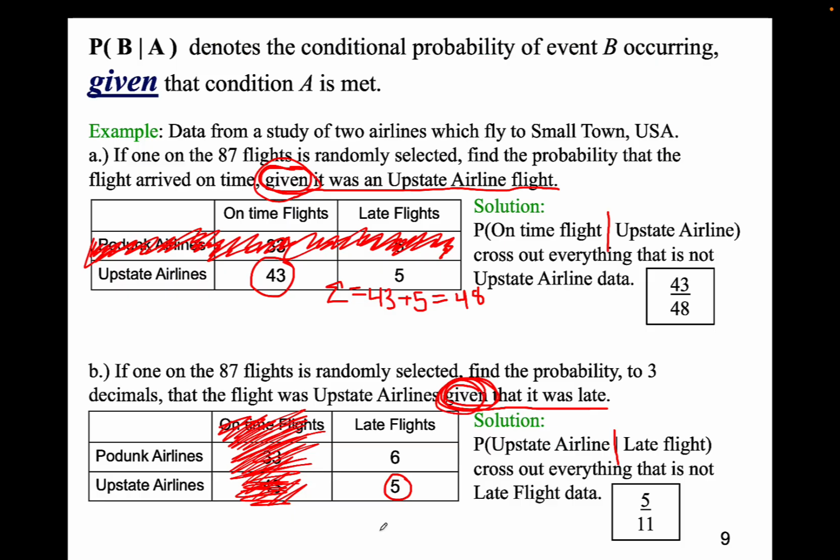I think this one wanted us to round to 3 decimals. So let's type that in our calculator. 5 divided by 11. Accurate to 3 decimals, that would be a probability of 0.455.